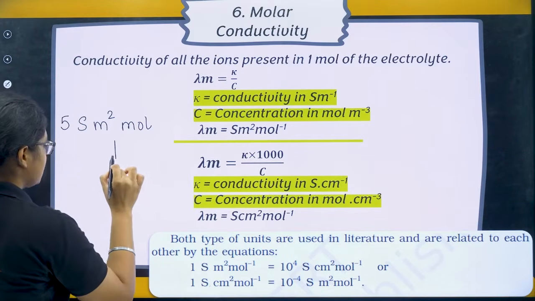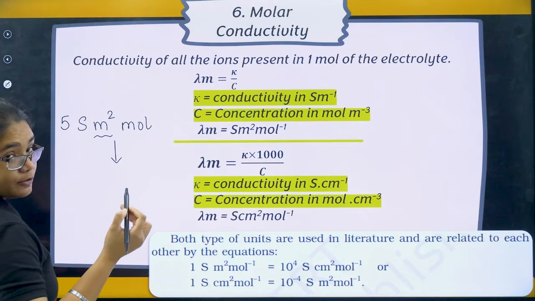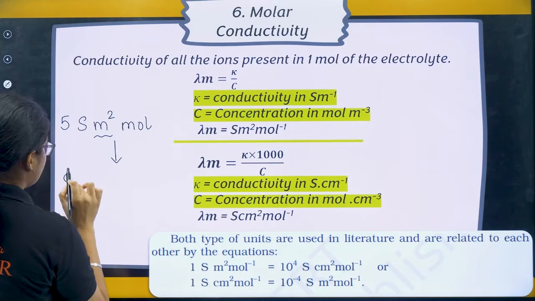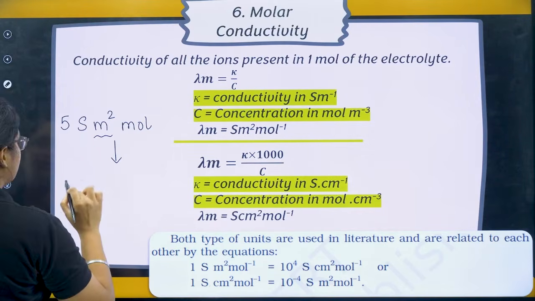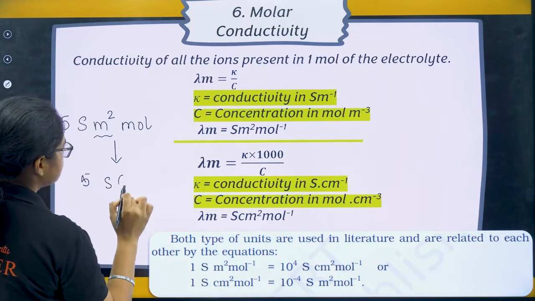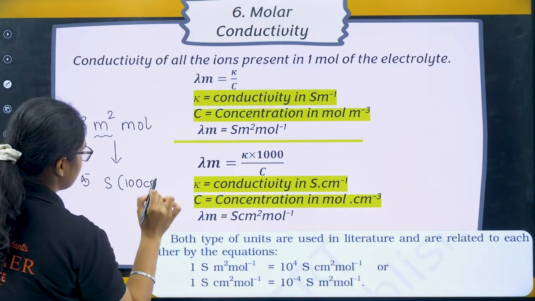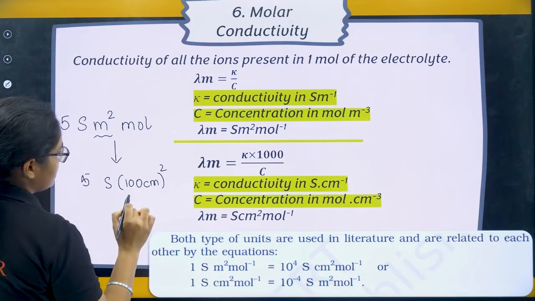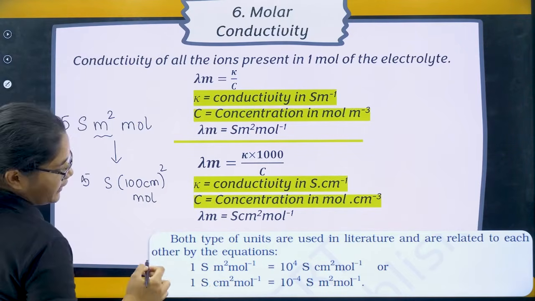How much is it in centimeter? You know 1 meter is equal to 100 centimeter, so 5 S, with 1 meter as 100 centimeter, square mole inverse.